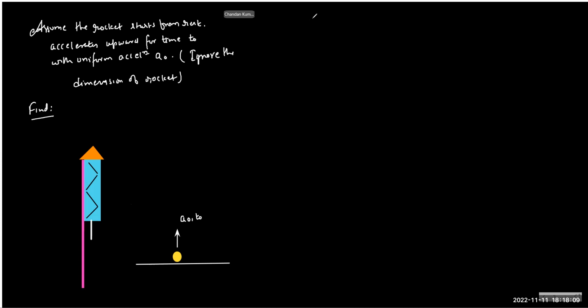So what we are supposed to find? Maximum height from the point of launch, and total time of journey since launch.